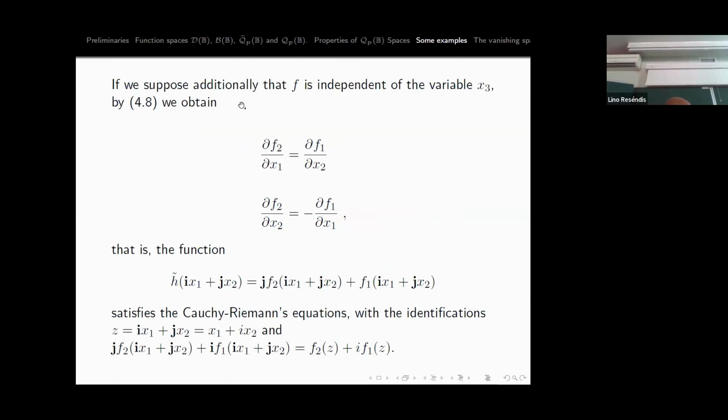If we suppose additionally that F does not depend on the variable x3, then we obtain this Cauchy-Riemann system. That means that if we define the function h tilde in this form, then this function satisfies these Cauchy-Riemann equations with these identifications.